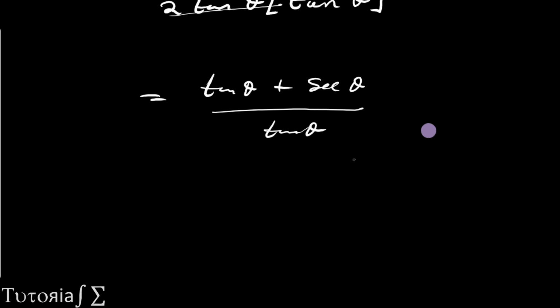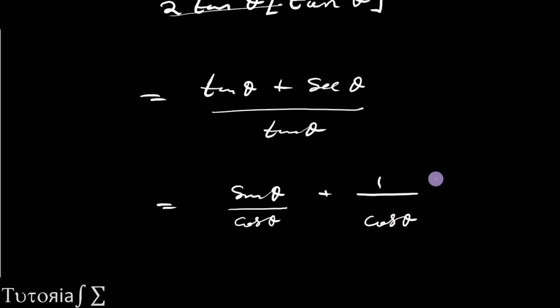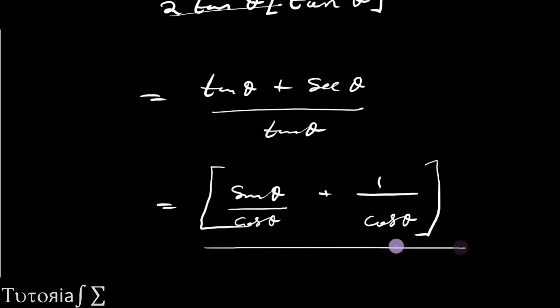So here we know that tan theta is equal to sine theta over cos theta. So this would be sine theta over cos theta plus 1 over cos theta, then we do the same on the denominator, that is sine theta over cos theta. So what we'll do is multiply by cos theta both on top and at the bottom.